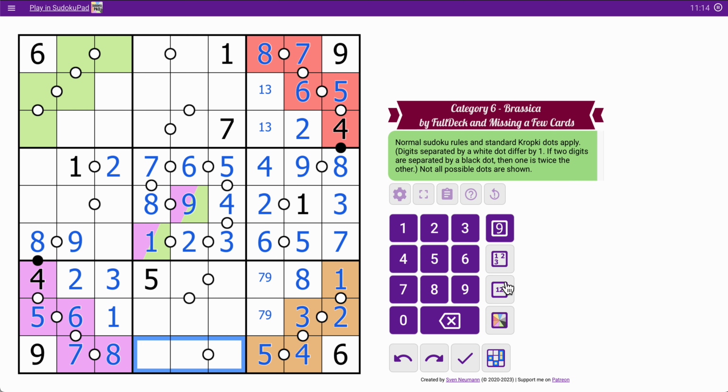Let's see, these are a 1, 2, 3 sequence. Now, this one sees a given 1 in a place 3, so that must be 2.